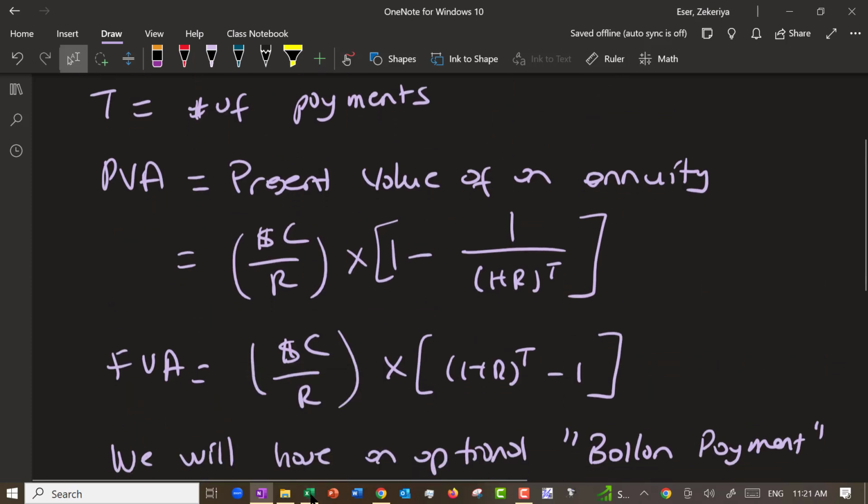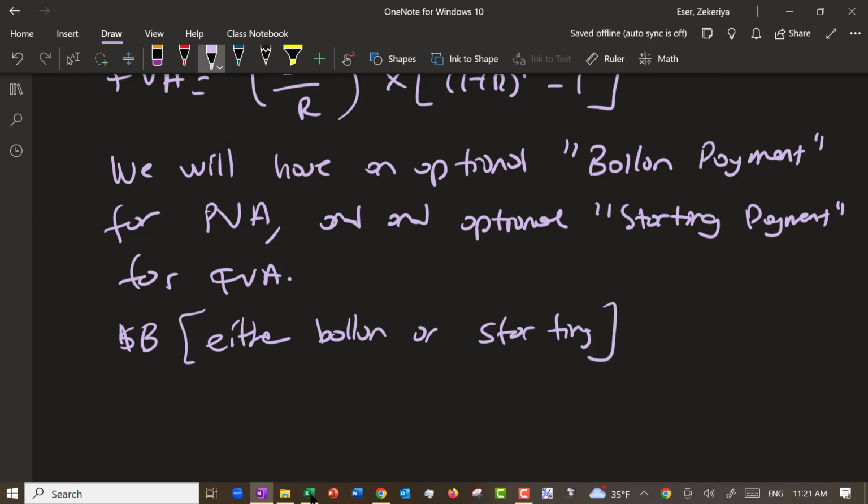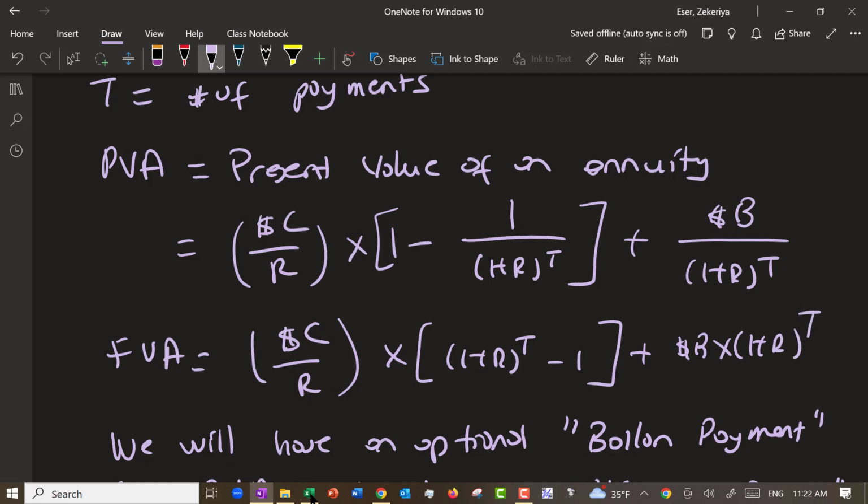Now, if I want to add to the formula, if I say $B as either balloon or starting for the present value of annuity, I'm going to add that. For the future value of annuity, okay.